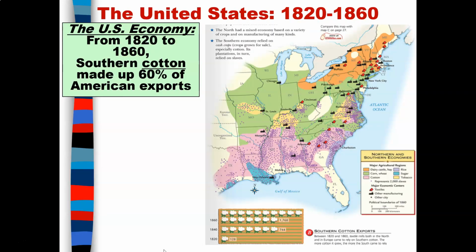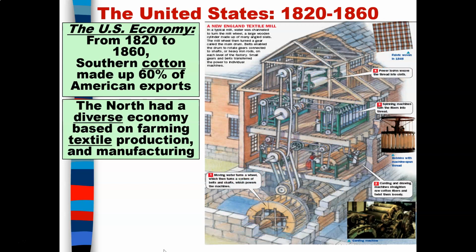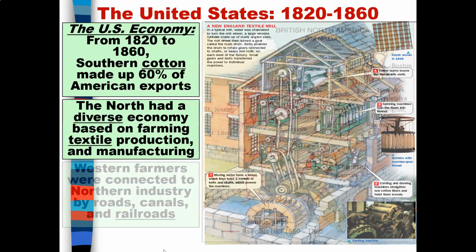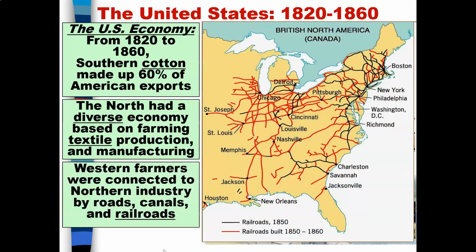Now, from 1820 to 1860, Southern cotton made up 60% of American exports. The North had a diverse economy based on farming, textile production, and manufacturing. Western farmers were connected to northern industry by roads, canals, and railroads. As you can see from the map to your right, you see a whole bunch of lines connecting southern states with northern states.